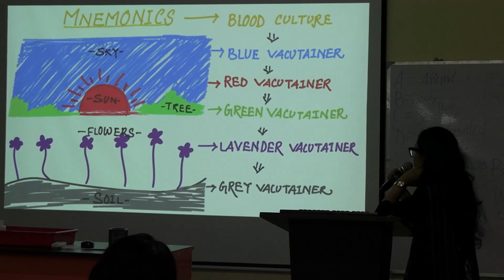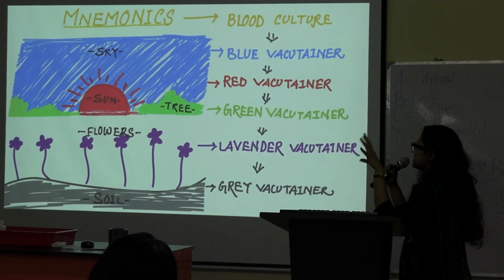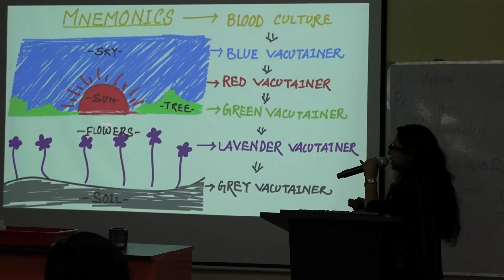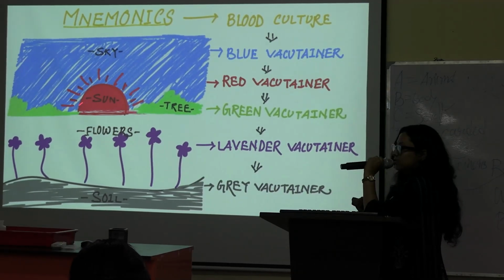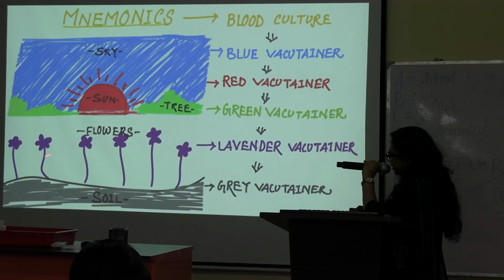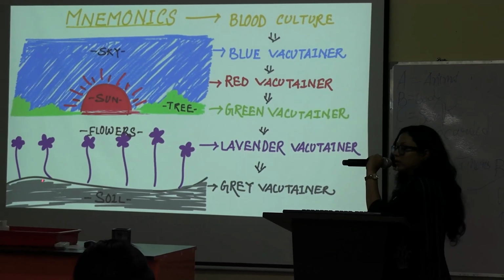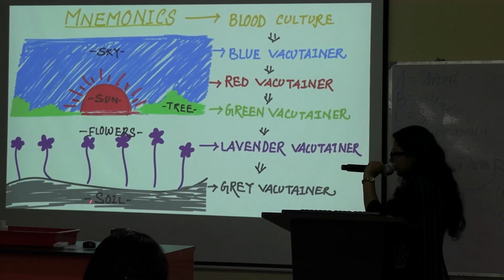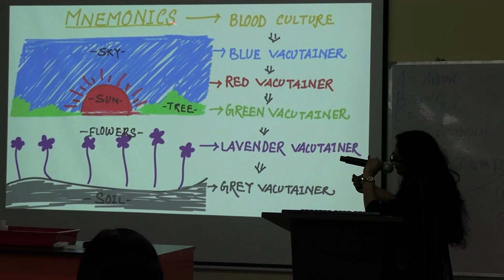So the sky, which is blue color, and you can see sunrise also, the sun, which is red color, and you can see some trees also here. Okay, now below this you can also see a lavender color flower garden, which is on soil which is grey color.